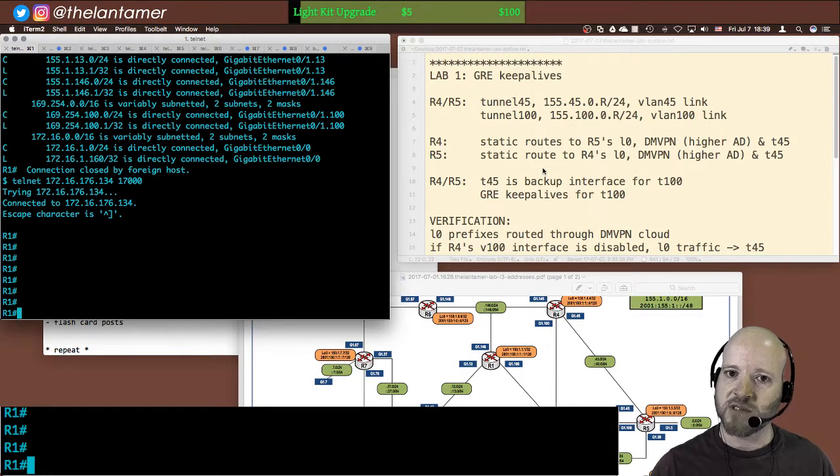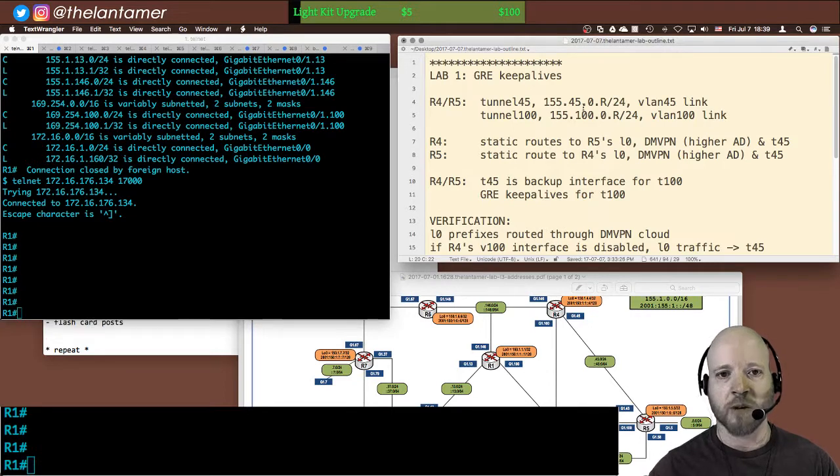I didn't really know anything about ODR. I've never configured it even in a lab, and it sounds like it has some really cool use cases. The fact that it relies on CDP is really cool. So I'm looking forward to that one, and playing around and seeing what that looks like in a running configuration. But first of all, GRE keepalives.